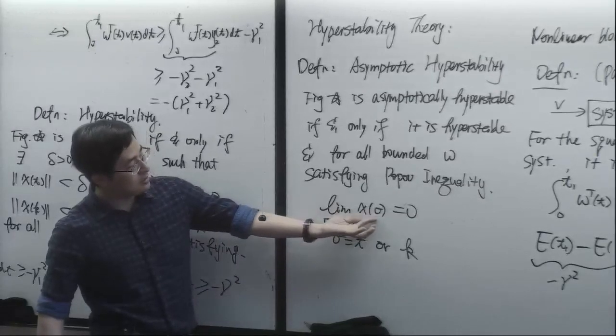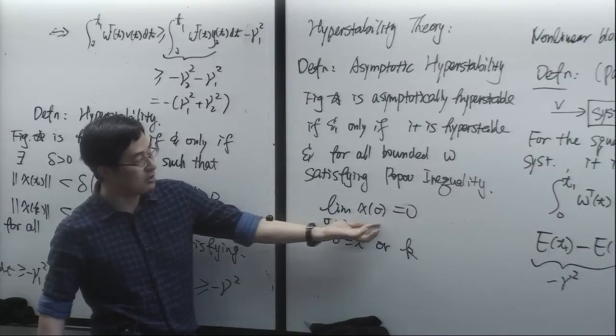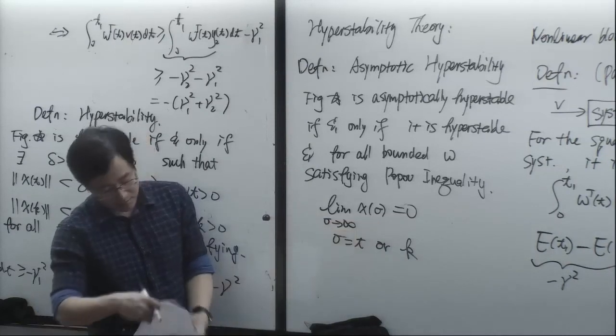Eventually, all the states are going to move to the origin. So the limit is going to become 0.